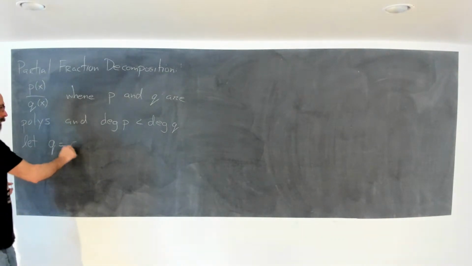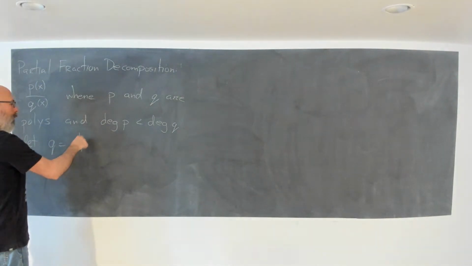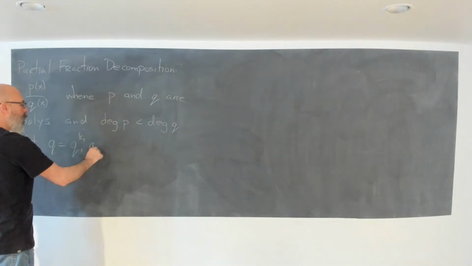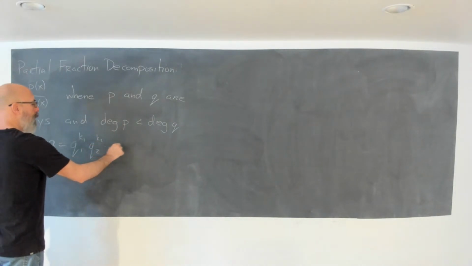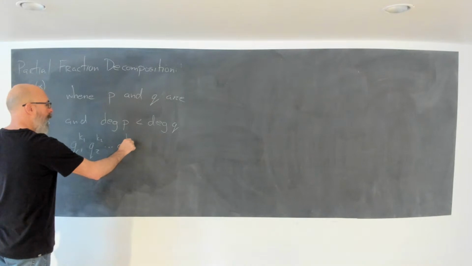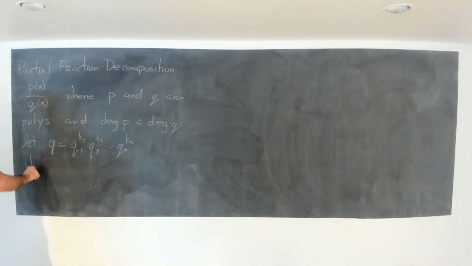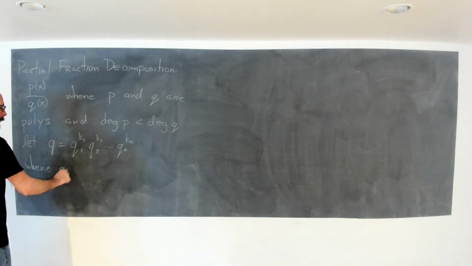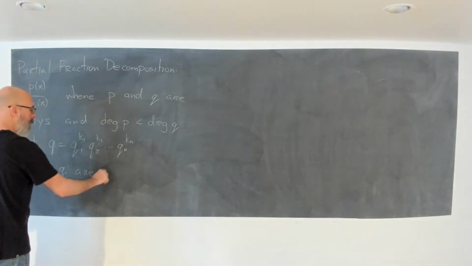What does this look like? q1 to some power, q2 to some power, and so on, qn to some power, where the qi are irreducible.